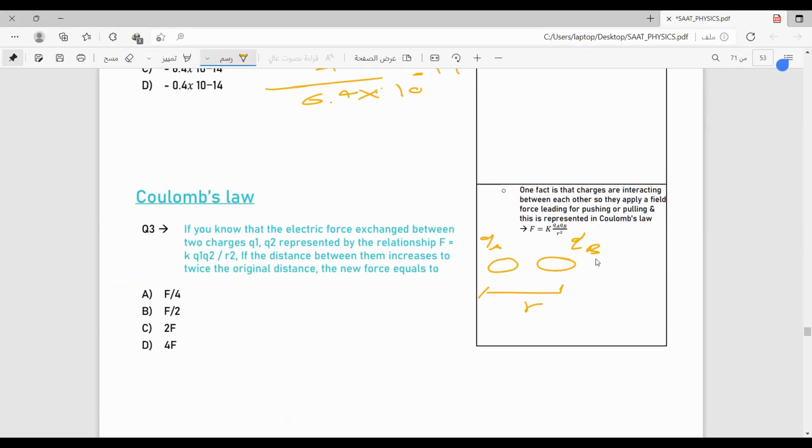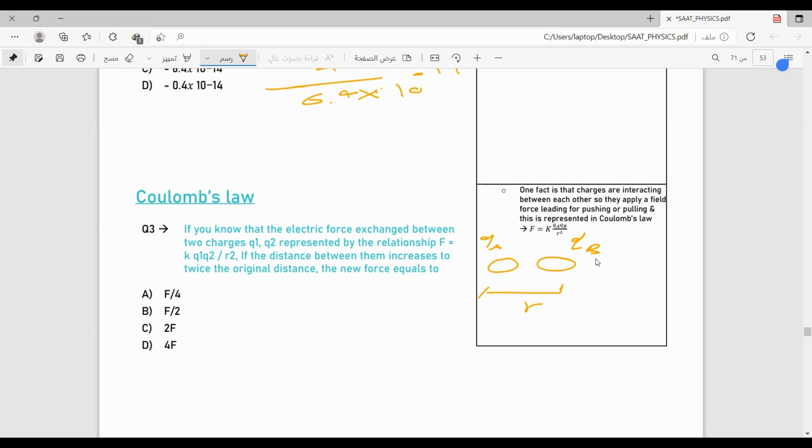Okay. The electric force exchanged between two charges, Q1 and Q2, is represented by this relationship. Then, if the distance between them increases to twice the original distance, what do you think the new force equals?